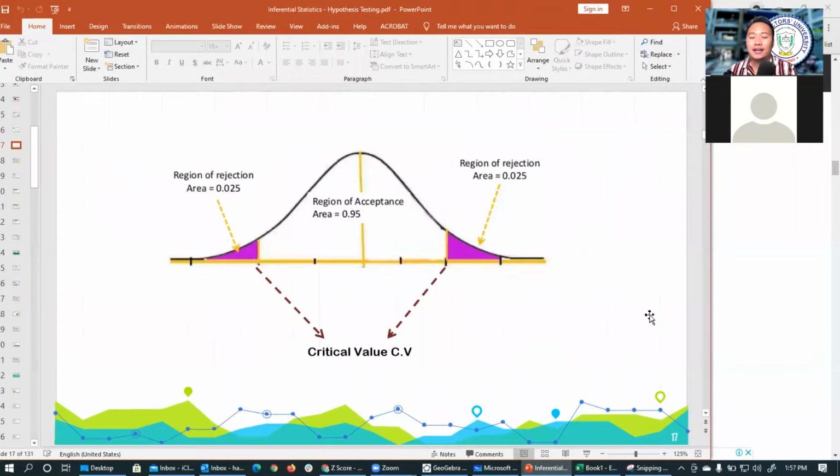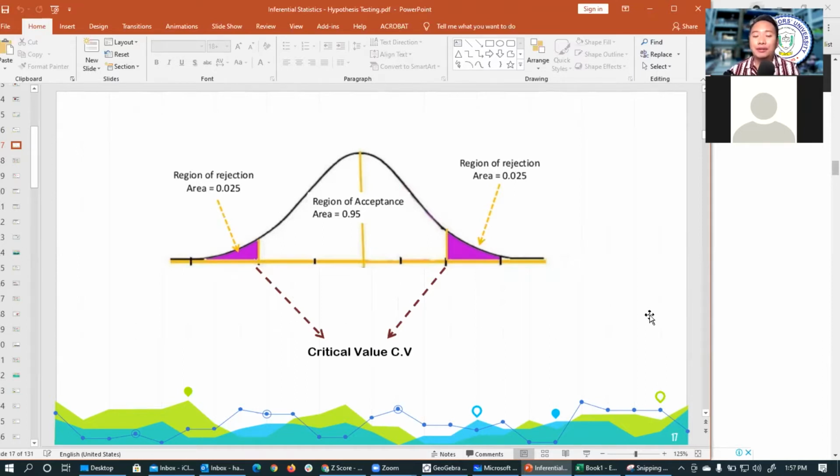Next page is here. This is the situation when you are going to decide if you're going to reject your null hypothesis or accept your null hypothesis. The shaded region, which is in violet color, will be the rejection area. So any value that falls within the shaded region, guys, will be in the rejection area.